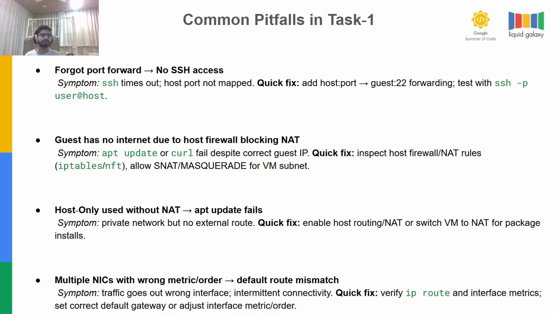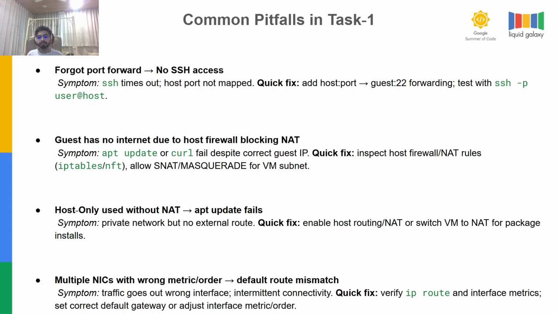Next point is that the guest has no internet due to host firewall blocking. A lot of contributors also faced this issue, which I read about mostly in Discord. Sometimes the operating system would block network requests from unknown sources. Generally, it does not, but if it does, you can add an exception on your firewall to solve this.